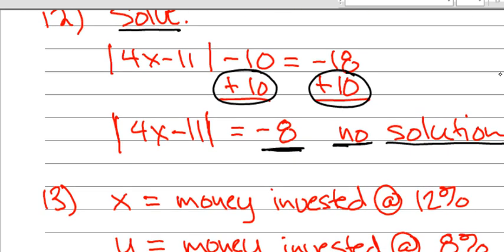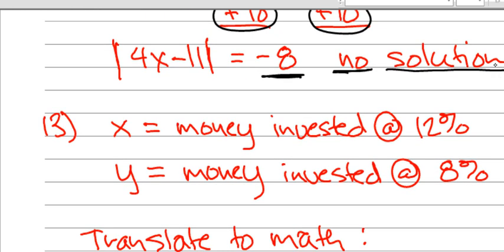So for number 13, I have a word problem. I have $12,500 invested at a local bank. Part of the money is invested at 12%, and the other part is invested at 8%.